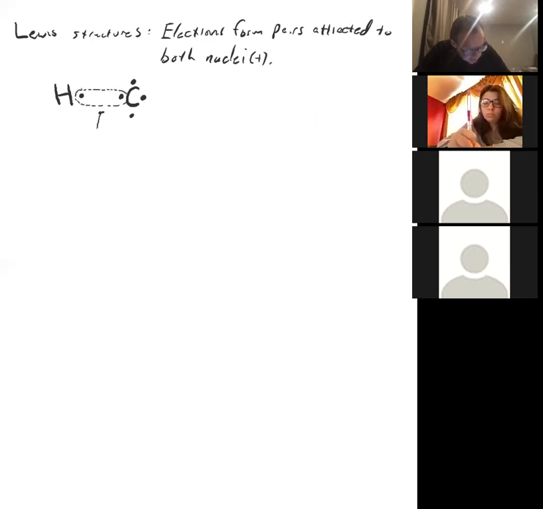So there's your covalent bond. Those two nuclei are now attracted to each other. Then we generally draw it this way: whenever you have a pair of electrons that are shared, you draw it as a line.